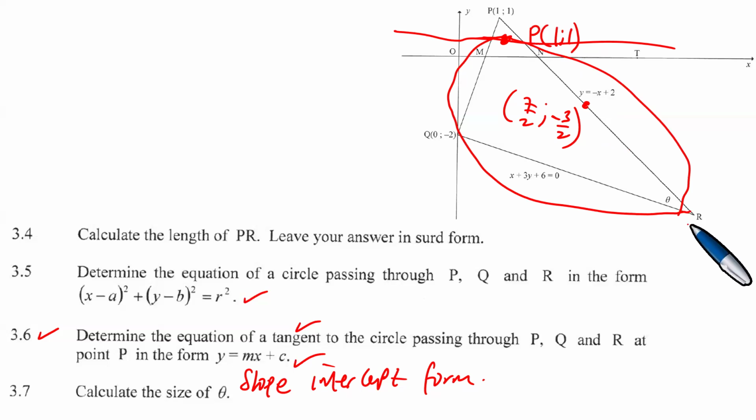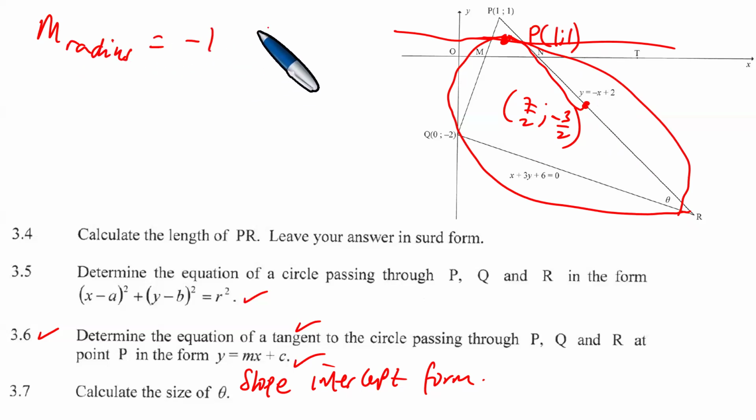This is the gradient of our radius. So in other words, you know that the gradient of the radius is -1. Yeah, we can see that this is the radius. This is the equation of the radius. So the gradient is -1.